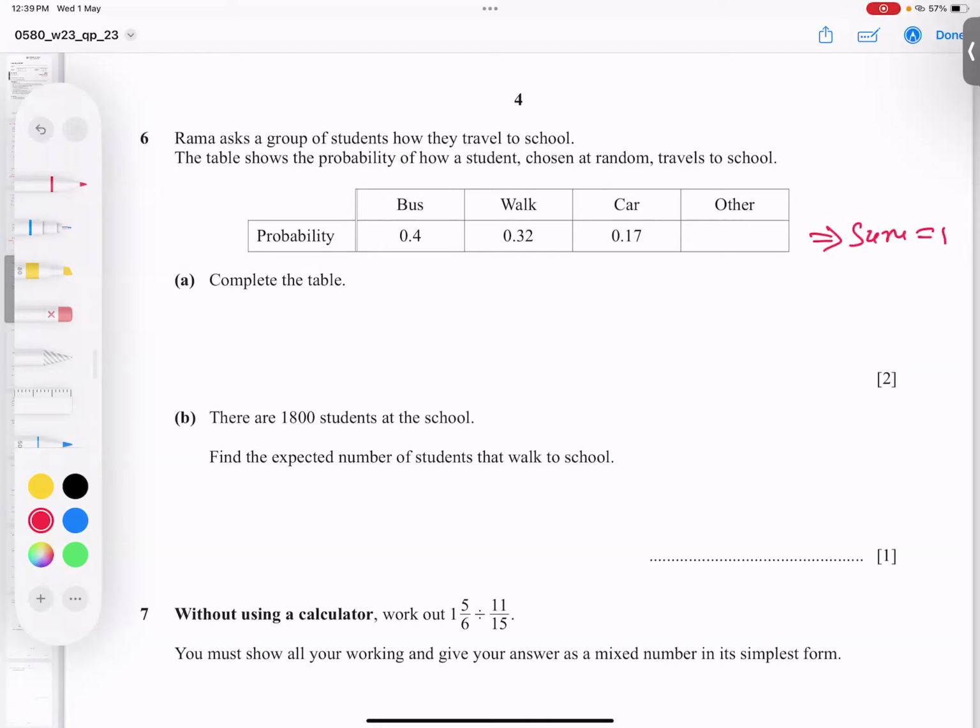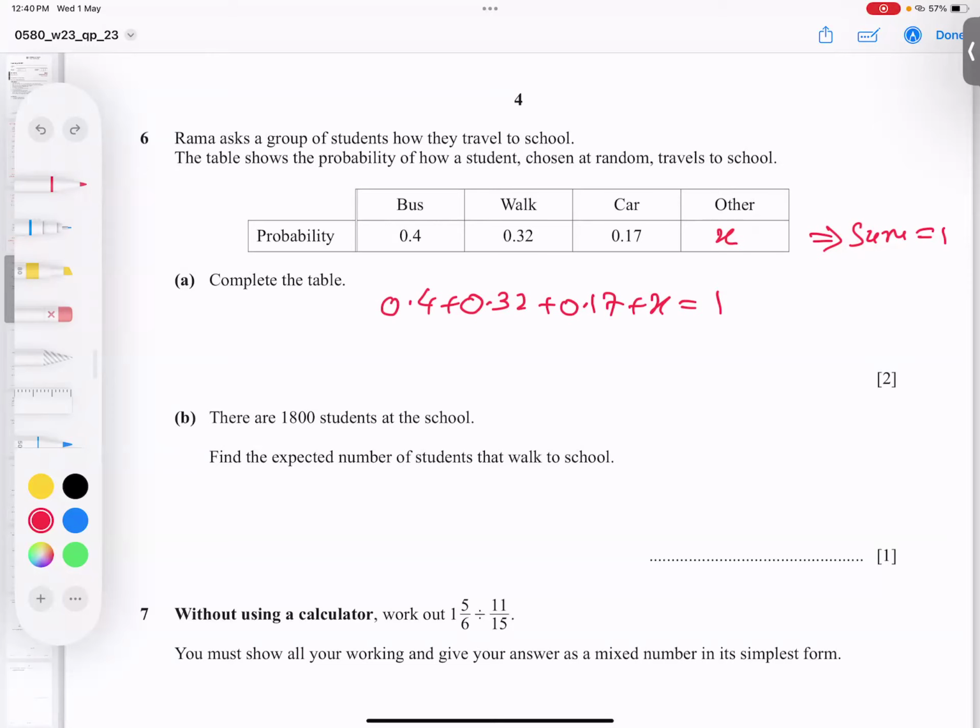So this is unknown. I say X, and this plus the others equals 1. I hope you got the point clear. So now if I add them all, equal to 1, let's see what happens. I will add all these values first and then bring it to the other side.